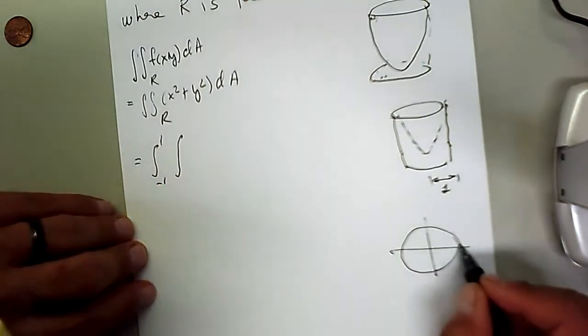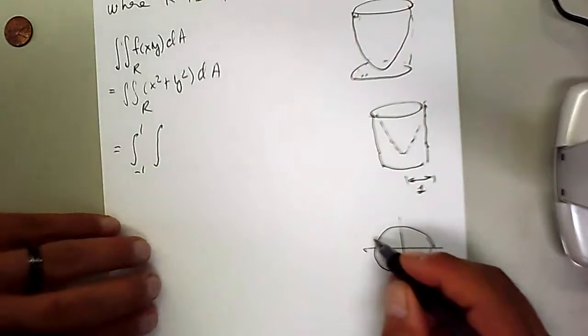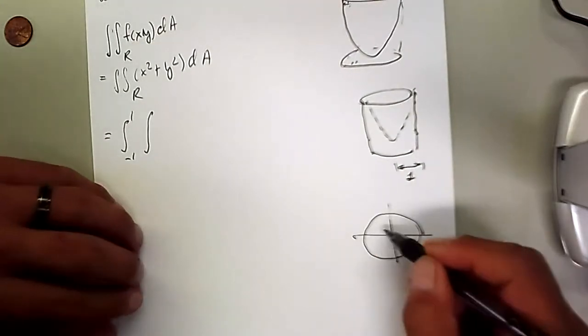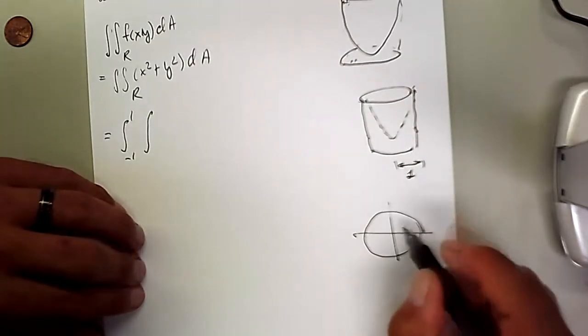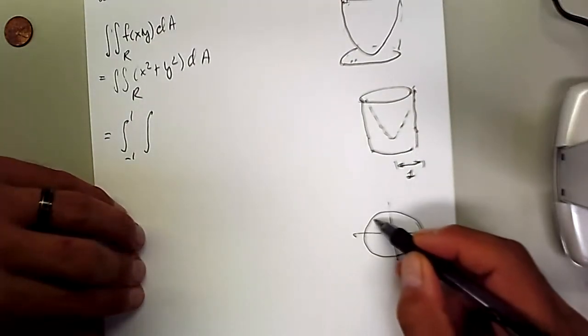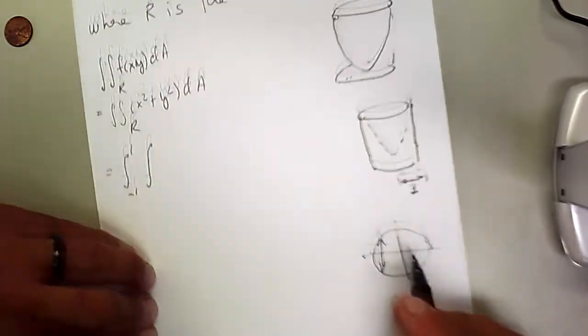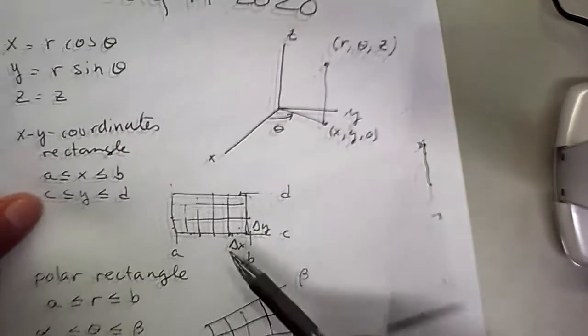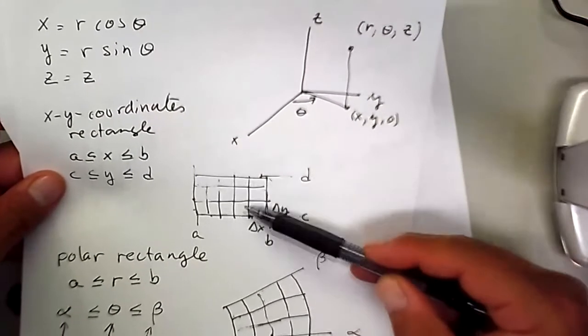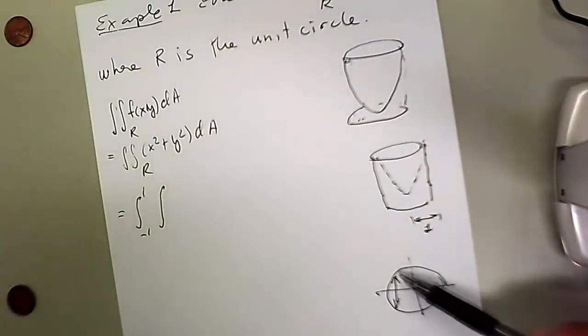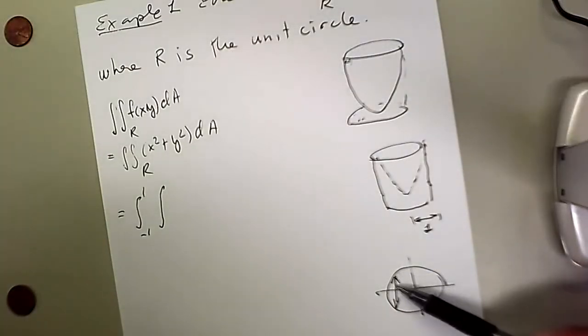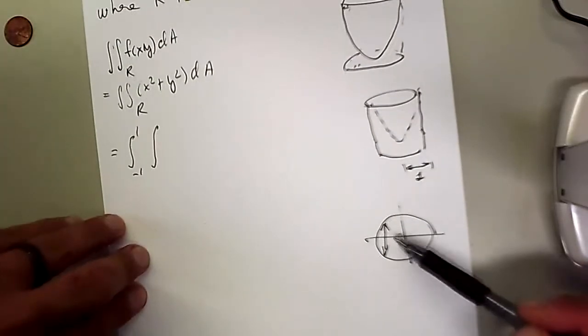Now, a circle has a variable height. It is not an xy rectangle, because a regular rectangle has fixed height. This one doesn't have a fixed height. It varies. So this is not a regular rectangle.